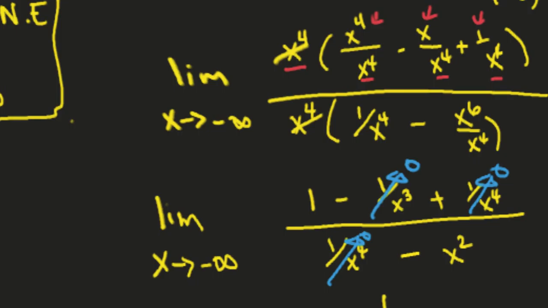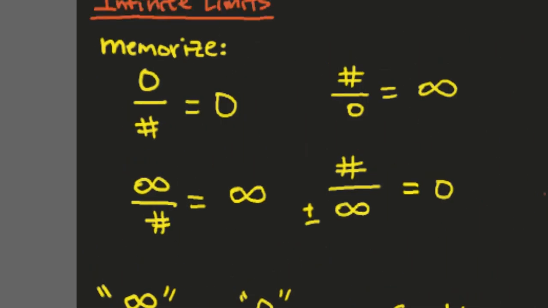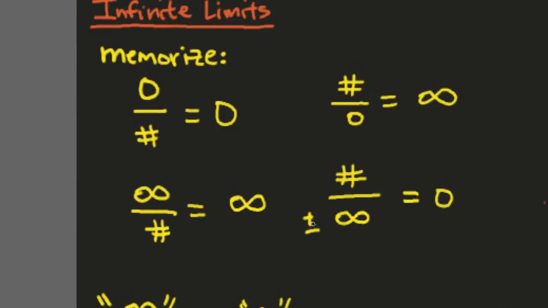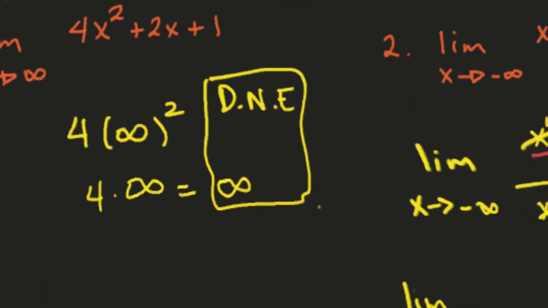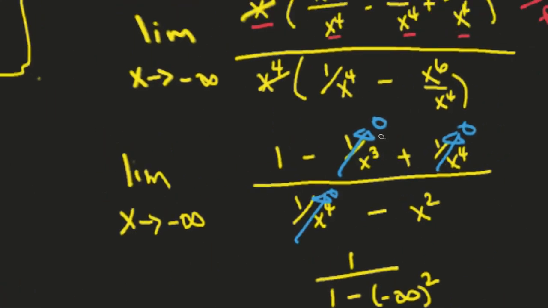So anything that's got an x in the denominator, if you remember, has a number over infinity, whether it's plus or minus infinity, will approach 0. So that makes all of these expressions go to 0 because they have x's in the denominator.